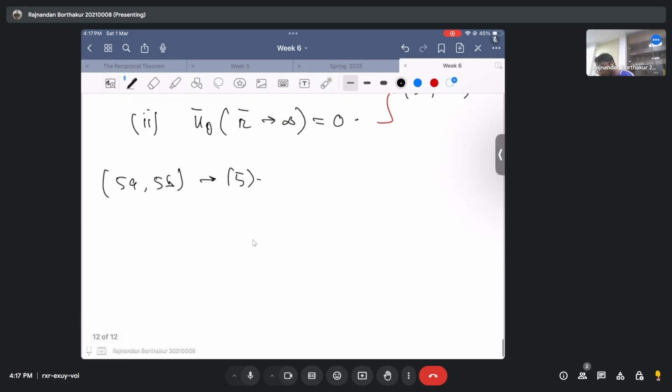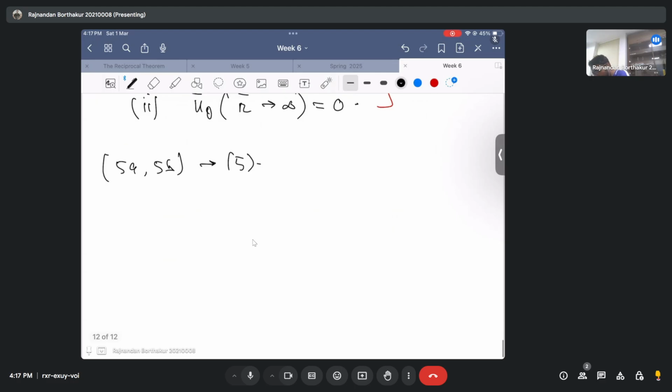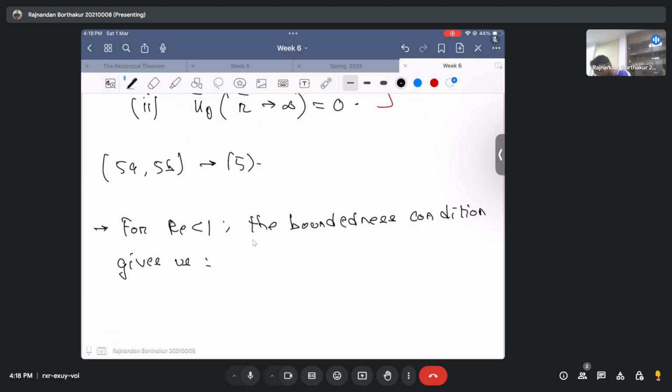So I'll write down here, for Reynolds number less than 1, the boundedness condition gives us that my a2 equals 0.